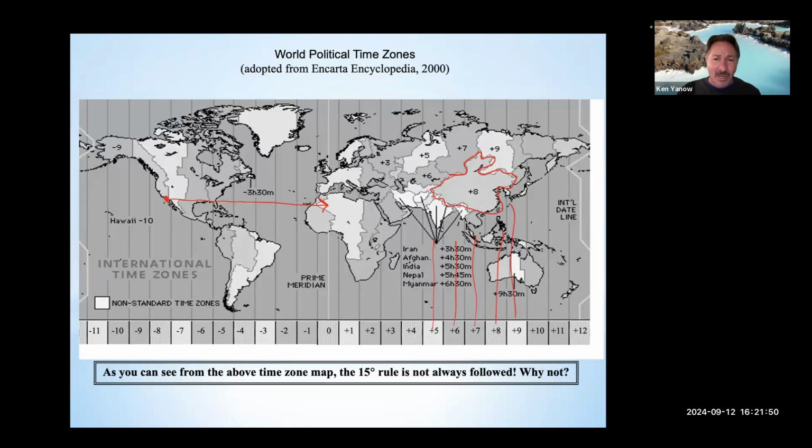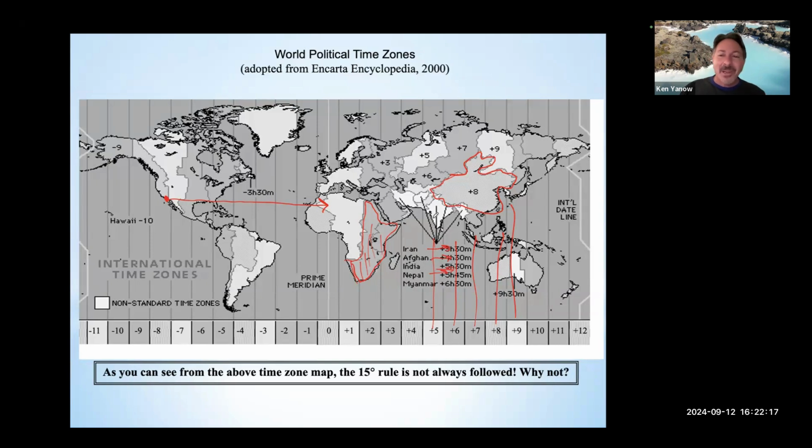And then if you take a look at other places like South Africa, going all the way to East Africa, that's all one time zone too, but that doesn't make any sense either. And then you can break this down even further. Iran is 3.5 hours. Afghanistan, 4.5. India, 5.5. Nepal, 5 hours and 45 minutes. None of it seems to make sense.